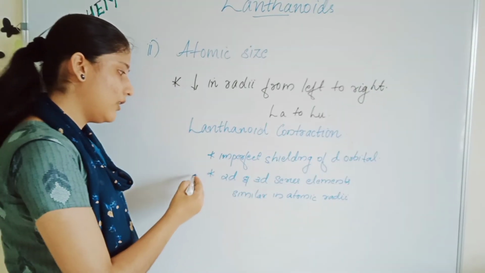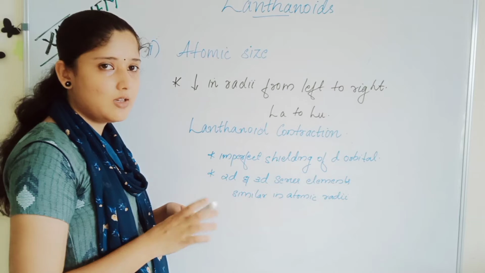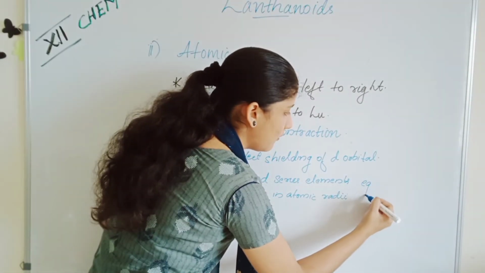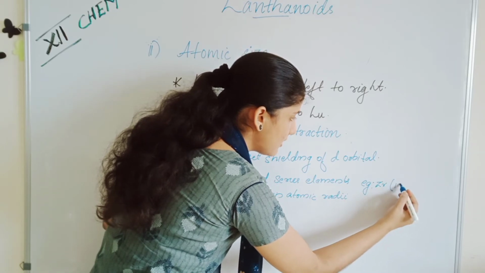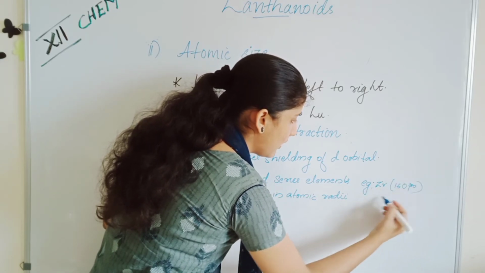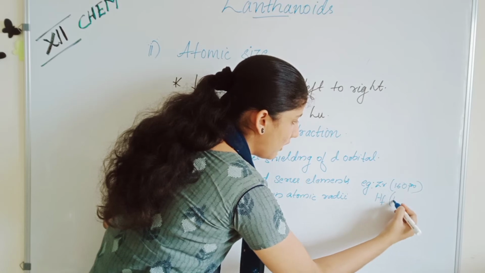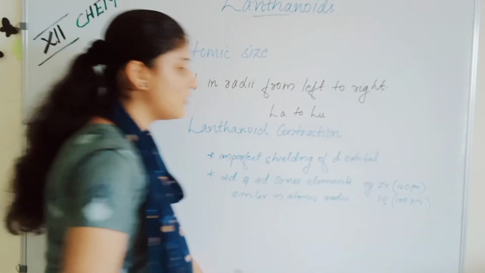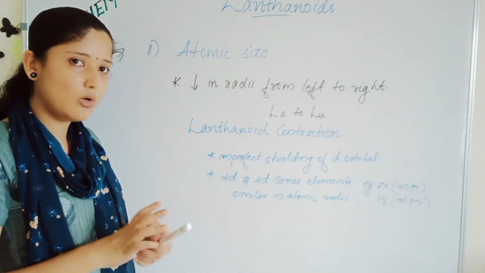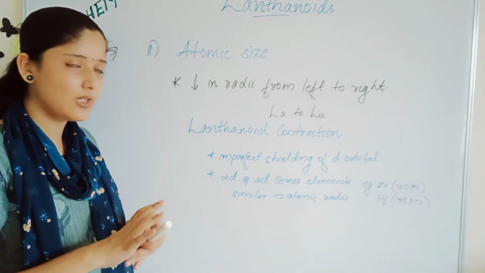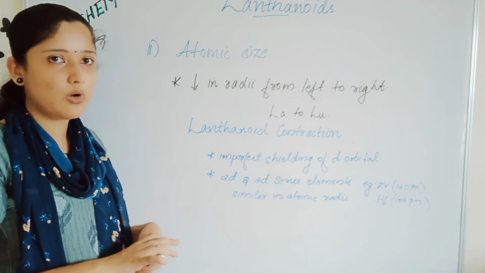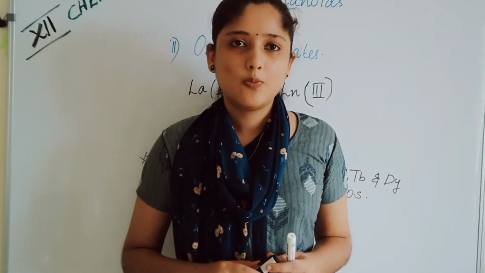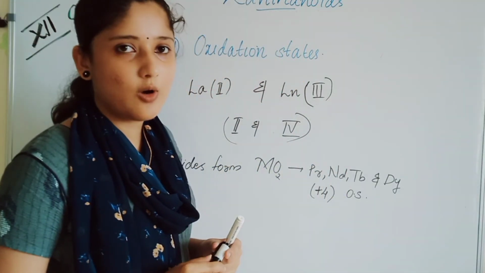The radii of the 2d and the 3d elements will be similar. For example, zirconium is 160 picometer, and for hafnium it will be 159 picometer. They are in two different series, but they show similar atomic radii because of the phenomenon of lanthanoid contraction. The next property that we are going to discuss is oxidation state.